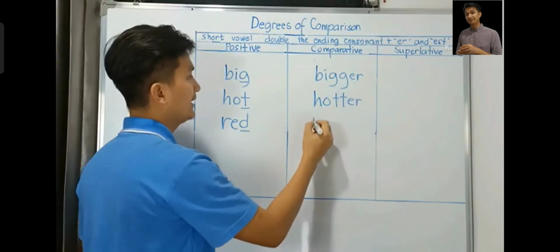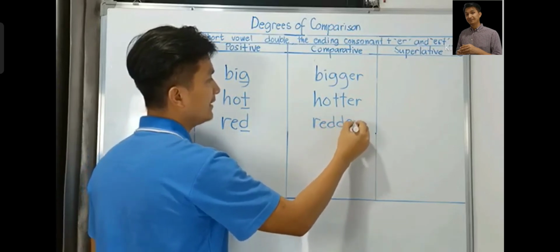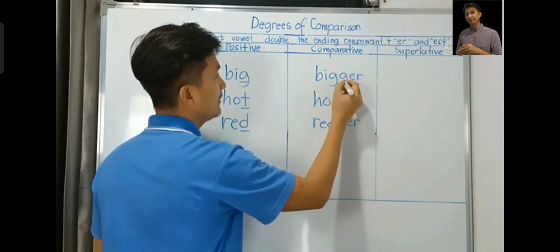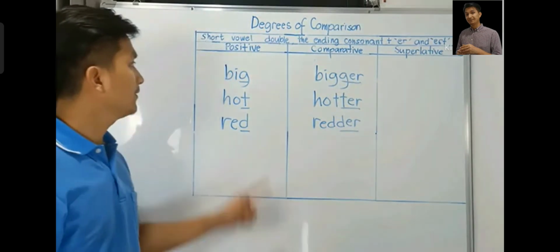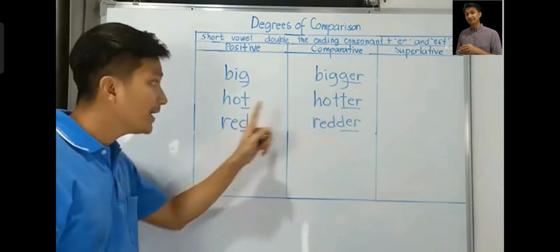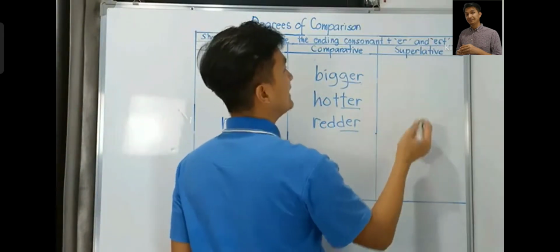How about red? Red, double D and ER. So you add. Alright, so big, bigger, hot, hotter, red, redder.